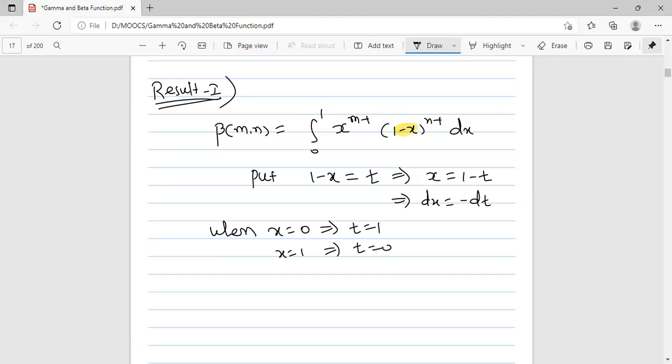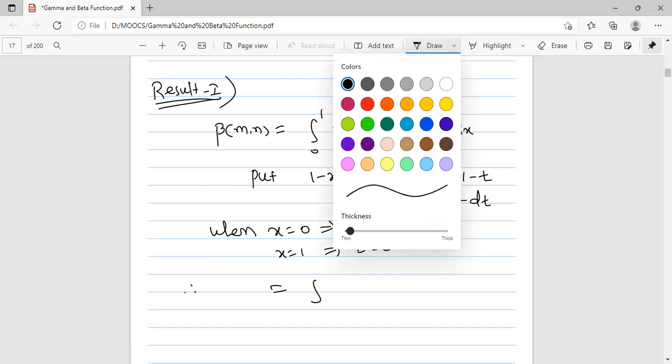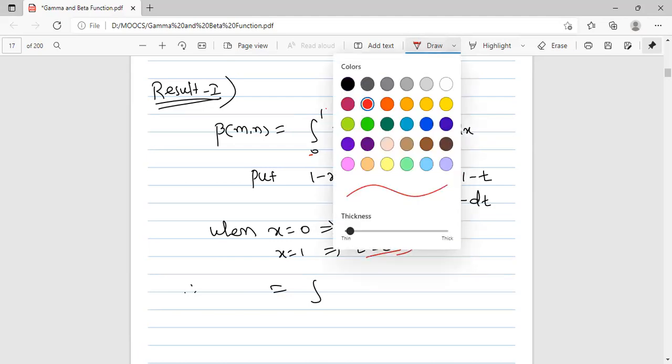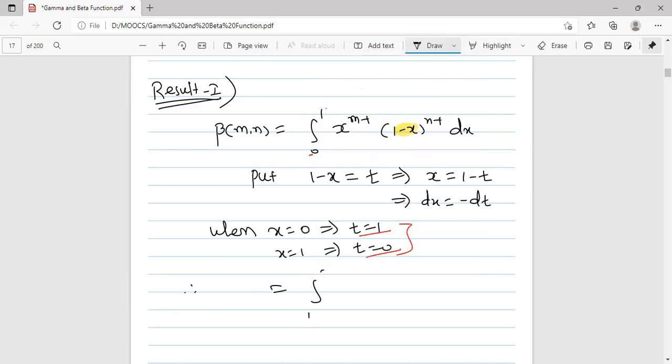Therefore, the above beta function becomes integration, and the limits go from 1 to 0, because the limits are varying from 1 to 0. So this is 1 to 0 x raised to power m minus 1.